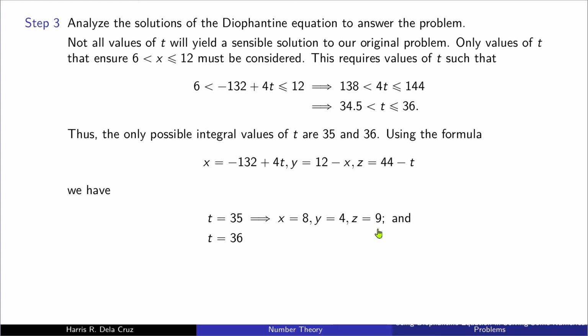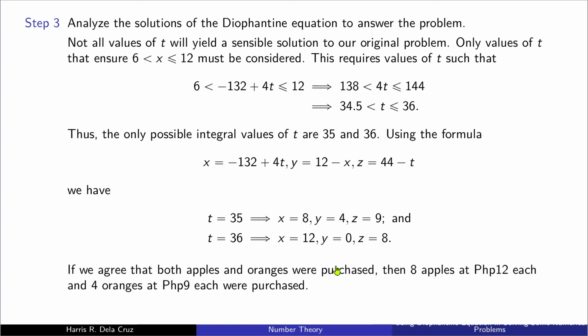Now, kung 36 naman ang gagamitin nating value ng t, so makukuha nating x ay negative 132 plus 4 times t, so that gives us 12. So, kung 12 yung apples mo, edi wala kang orange. Kung pag-aagrihan natin na parehong bumili siya ng apple and oranges, then yung solution na t equals 35 yung gagamitin natin.